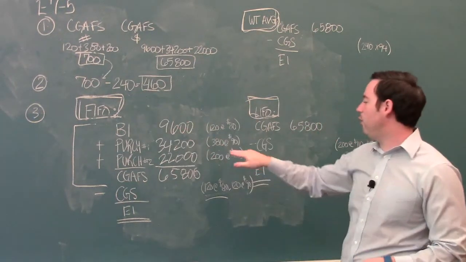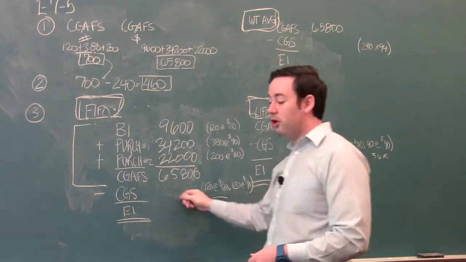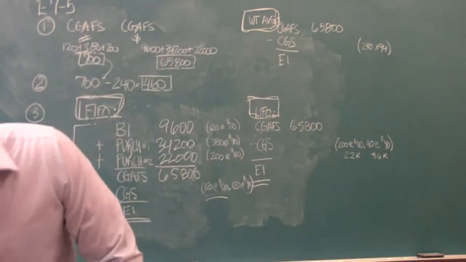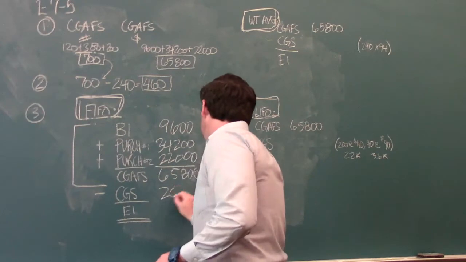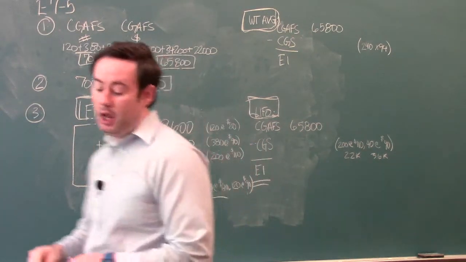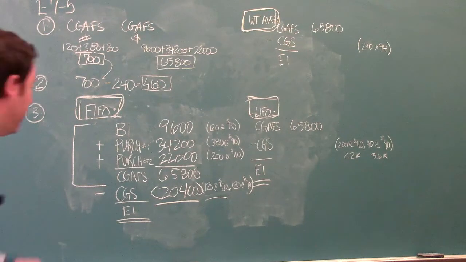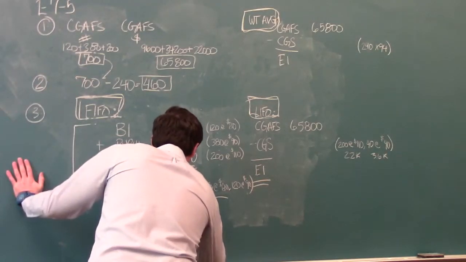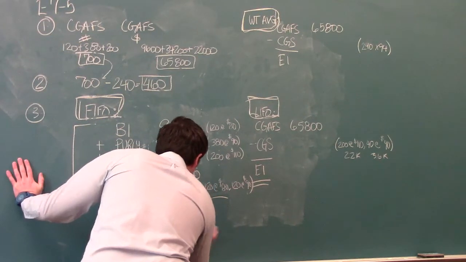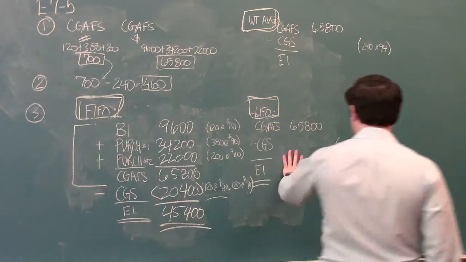We still need to get to 240, so we take 120 units at $90 apiece, and that gives us our total cost of goods sold, which is $20,400. Then, simply by using our equation, we can subtract that from cost of goods available for sale, and we get $45,400 for our ending inventory. And that's for FIFO.